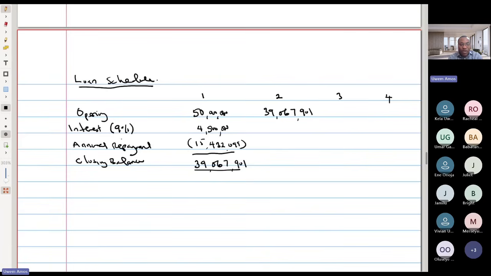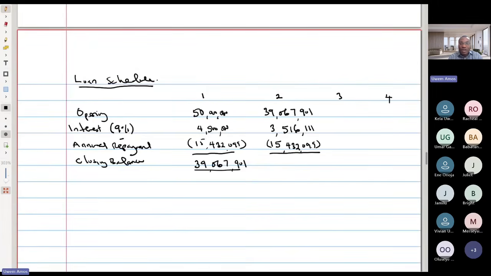Our closing balance becomes our opening balance for year 2, 39,067,901. Our interest is 9%, so that amount multiplied by 9% gives us 3,516,111. Our annual repayment remains 15,432,099.